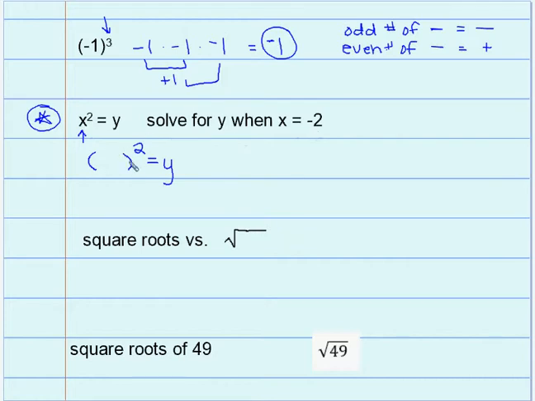Okay, so I put parentheses around the x, and then it's squared. So I'm going to fill this in, substituting x with negative 2. So now it tells me that I'm taking negative 2 times itself. Negative 2 times negative 2 equals 2 times 2 is 4, and negative times negative is positive, so your answer for y is 4.